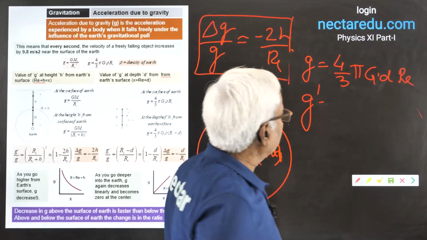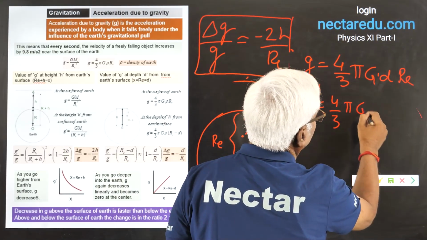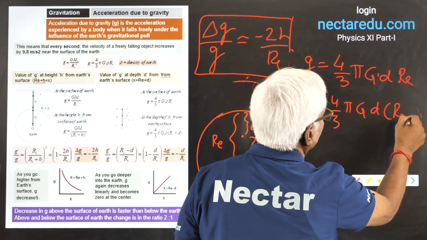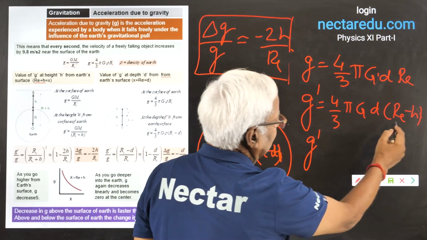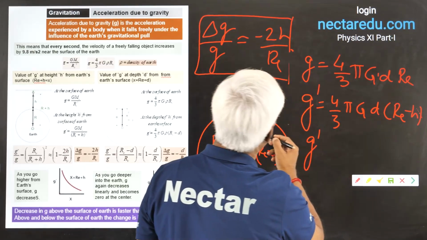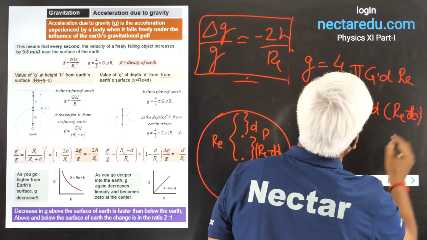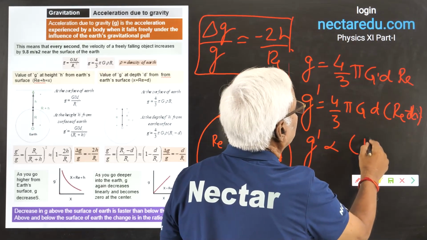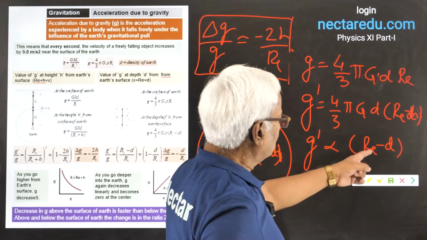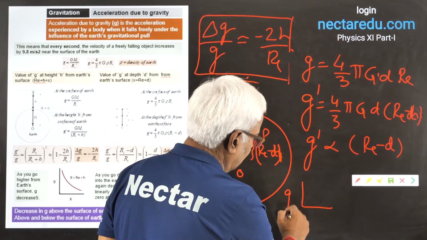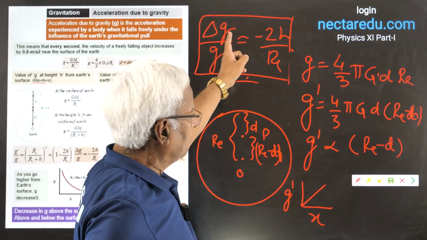We are taking this formula, and for points inside it's going to be RE minus d. So g dash is proportional to RE minus d. If you choose x for this, then this will again be a linear relation, whereas there it was a curve.